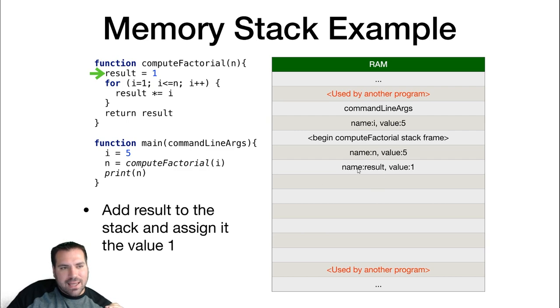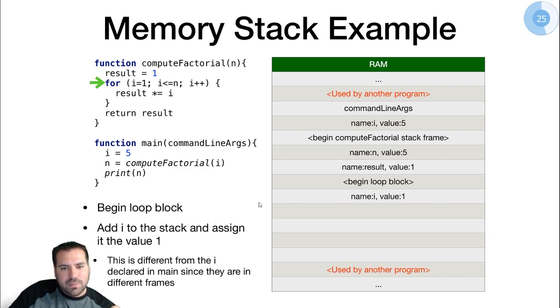So let's add that to the stack and then enter this loop. We enter the loop block. This loop, if you haven't seen a loop, a for loop written like this is a three statement loop where we have an initializer, which is going to be run once. As soon as we reach the loop, this is called. So we'll create a variable named I of value 1 and add that to the stack inside the block for that loop.